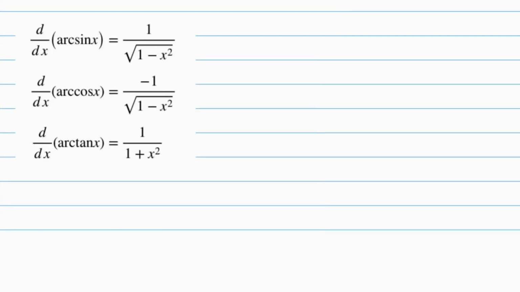Now let us derive the derivative of arctan x. We do that in a similar manner to how we derived the derivative of arcsin x. So we write y equals arctan x, and that basically means that tan y is equal to x.